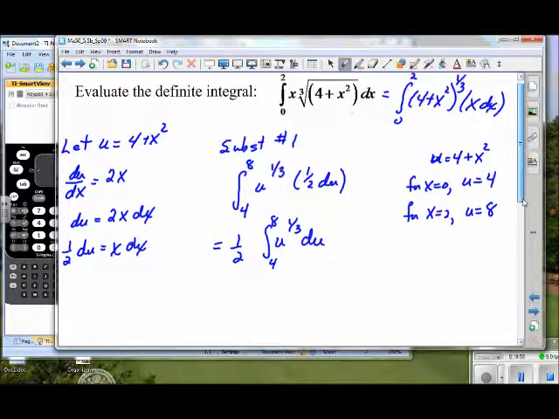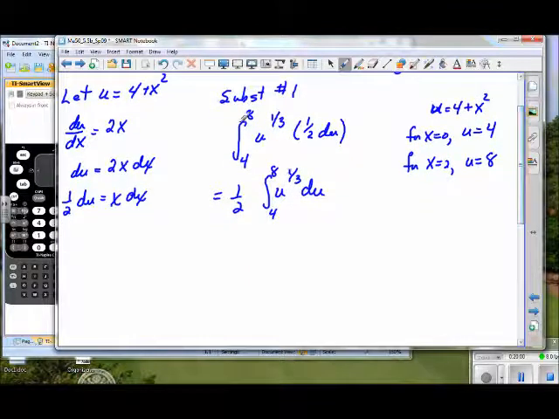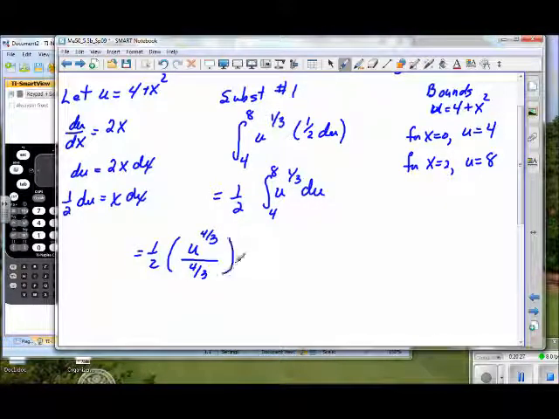Now, I'll come back to that in just a minute, but for now, if we're going to put lower and upper bounds there, we're going to have to change them. We can't use the exact same thing. Okay, if we continue on, we would integrate this, so we would have 1/2, and then u to the 1/3 plus 1, which is the 4/3 power, and we would divide by 4/3.